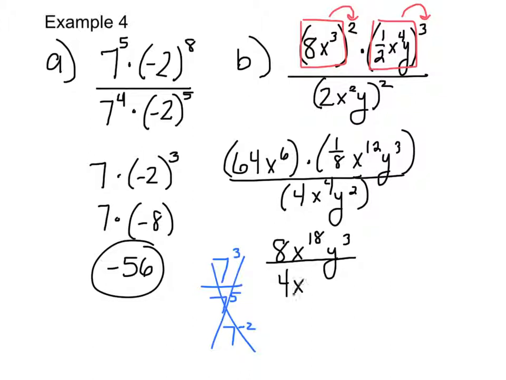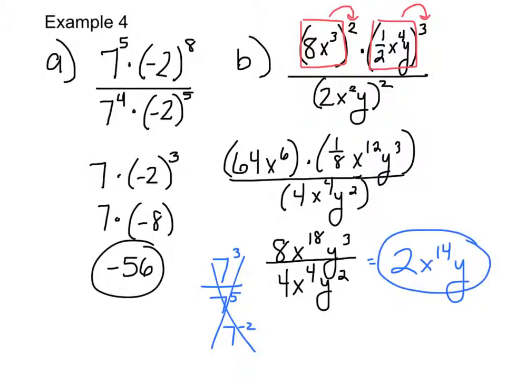Over 4x to the fourth, y squared. And that's going to give me 8 divided by 4, which is 2. X to the 18th divided by x to the fourth, we subtract the powers and get x to the 14th. Y to the third divided by y to the second gives me y. So that entire problem simplifies down into 2x to the 14th y.